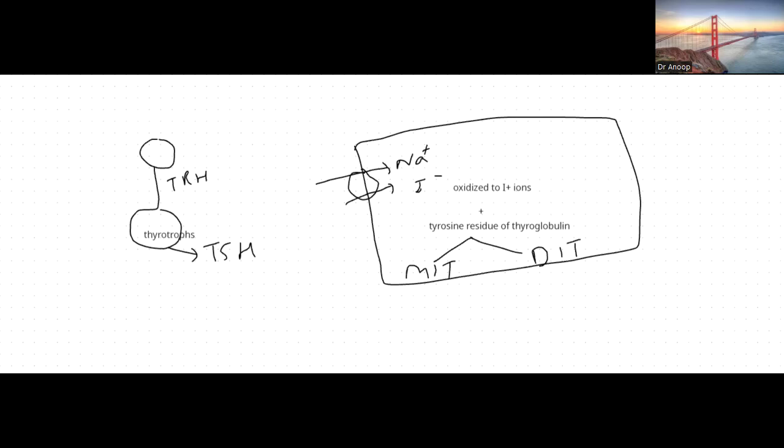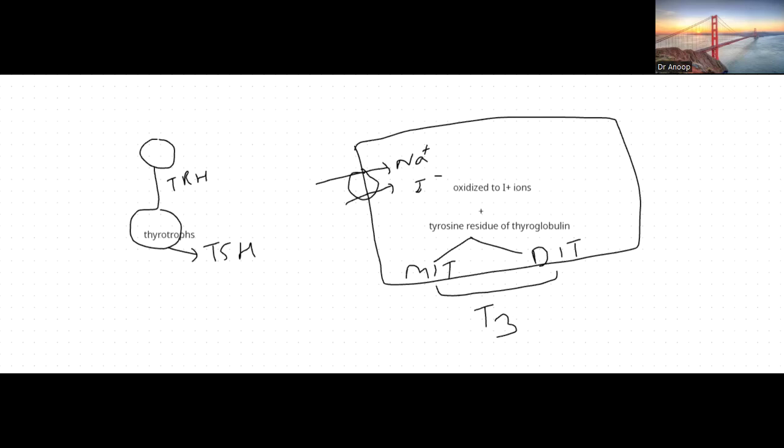And these monoiodotyrosines or diiodotyrosines, a number of molecules will be formed: MIT, MIT, DIT, DIT. So when MIT combines with DIT, it will form the T3 hormone, that we call triiodo, right?